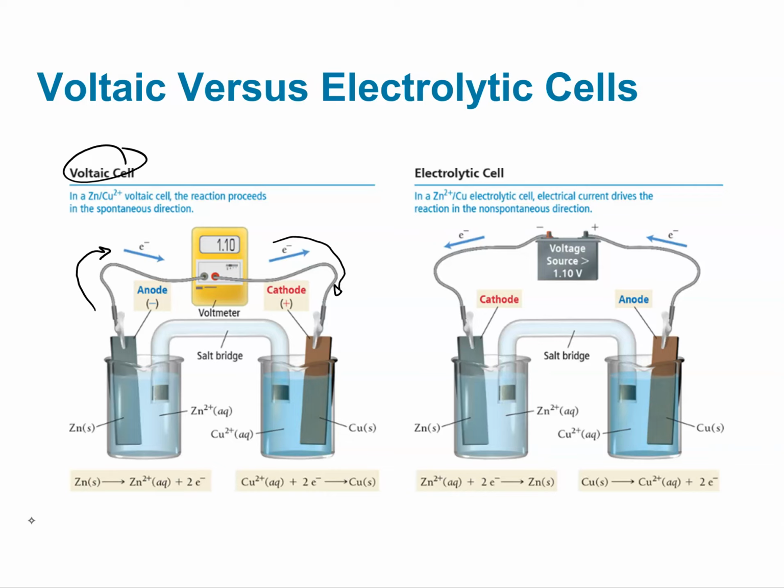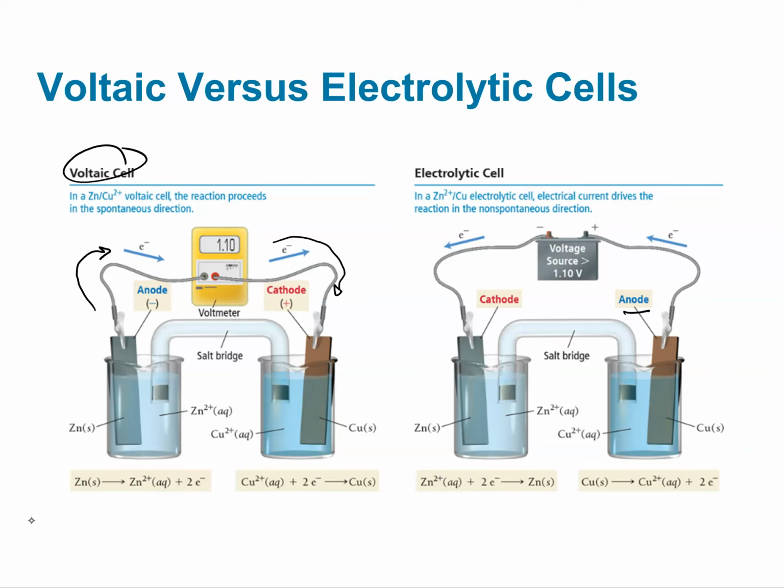In the electrolytic cell, we have a non-spontaneous process where we apply voltage in the other direction. And you can see, because we're applying the voltage against spontaneity, the anode is on the opposite side and the cathode is on the opposite side.